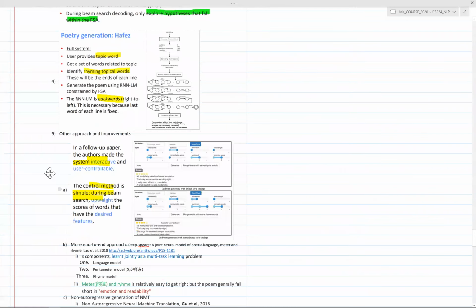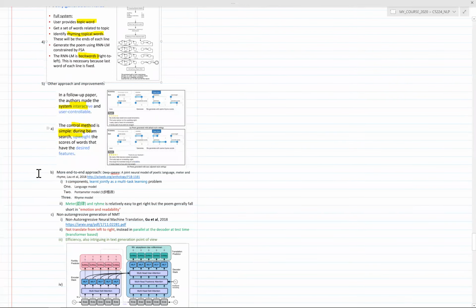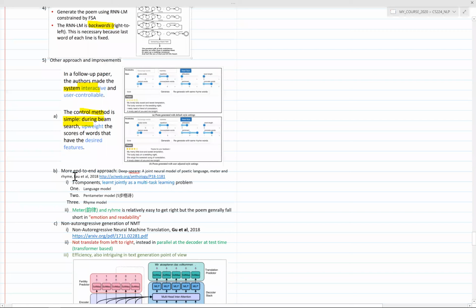So another improvement was brought by Lau's team. It's called the Deep-speare. So the main idea is that they were using three different models. The first is a language model, the second is a pentameter model, and the third one is called the rhyme model.